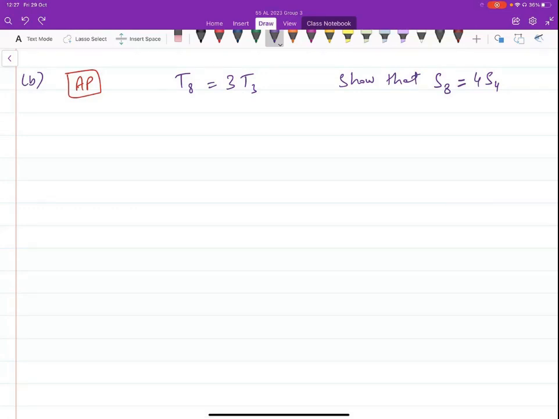You're talking about an AP. AP के अंदर जो आपका nth term का formula होता है, that's given by Tn equals A plus n minus 1 times the difference. Again, it's given in the formula sheet. So T8, what is that going to be? It will be A plus 8 minus 1 times the difference.